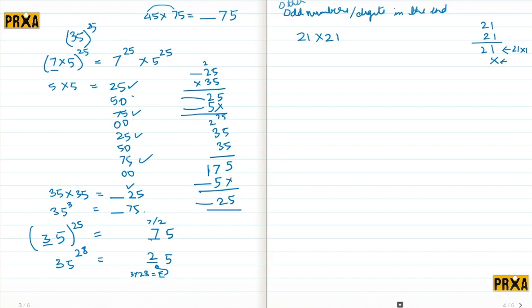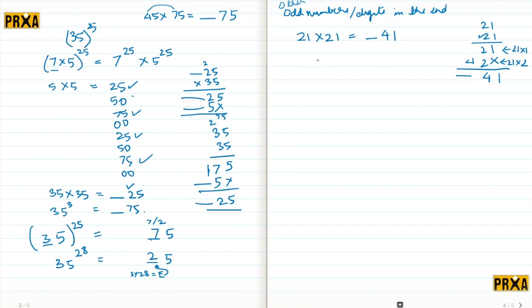Now this row is going to be 21 multiplied by 2, this 2. So I get a 2 1, the 2 and 2 to the 4. Because I don't care what comes here, this digit is 1 and this digit is 2 plus 2, 4. So the last 2 digits are 4 1.